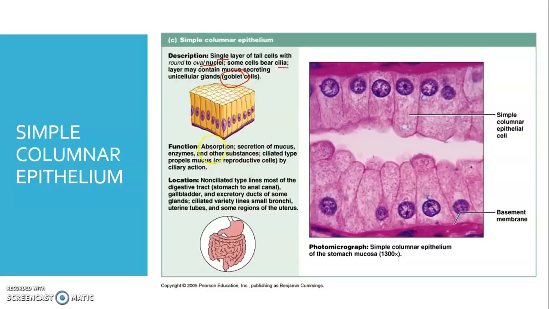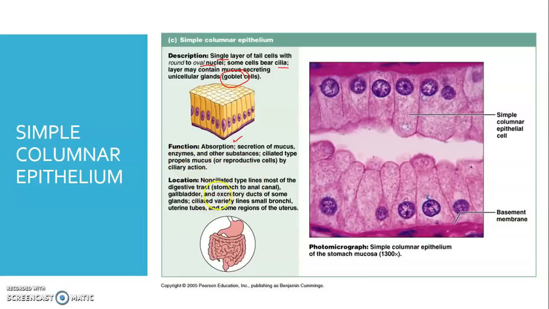So the function is absorption and secretion of mucus, because it involves the goblet cells here, and it can also secrete enzymes and other substances, and also propel the mucus.